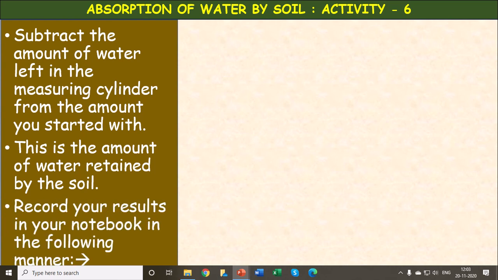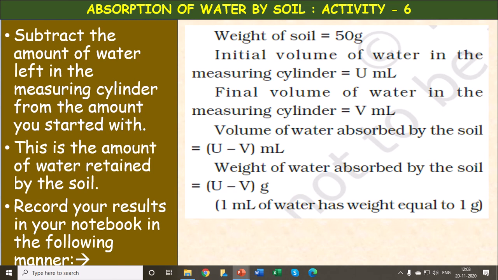in the following manner. Okay, here you can see weight of the soil 50 grams, initial volume of the water in the measuring cylinder, let it be capital U ml, and the final volume of water in the measuring cylinder, that is capital V ml. Okay, we have divided the volume of water in the measuring cylinder into two parts: the initial volume capital U ml and the final volume capital V ml.